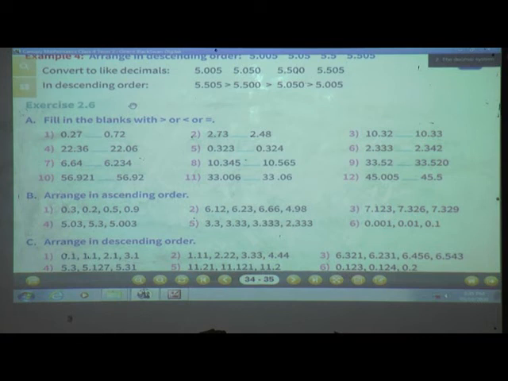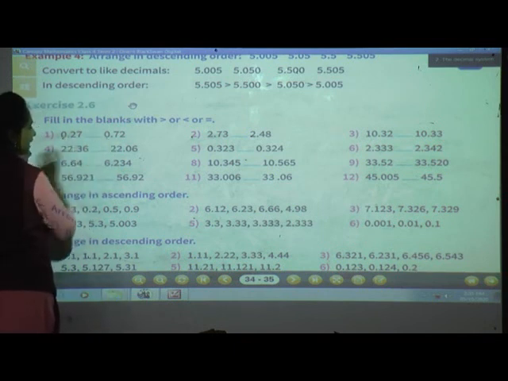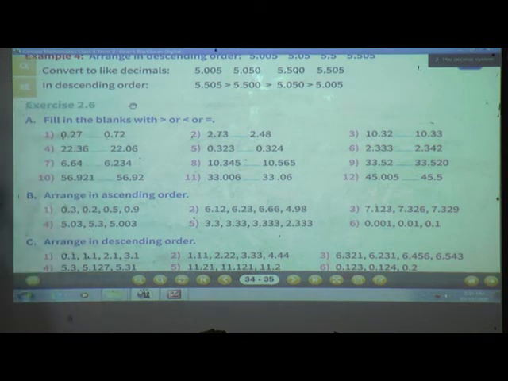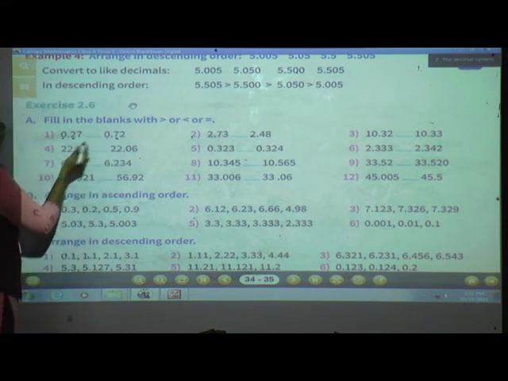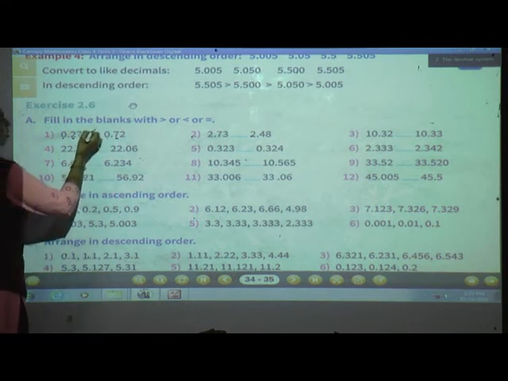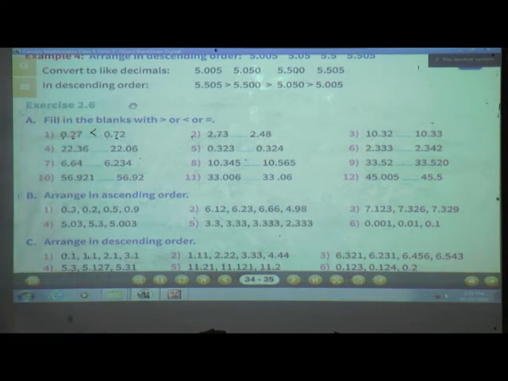Now see the first question, students. 0.27 and 0.72. Now whole number 0 equal. Then we have to start comparing tenths place. See 2 and 7, which is greater, students? Of course 7 is greater. So give greater symbol to 0.72, isn't it?